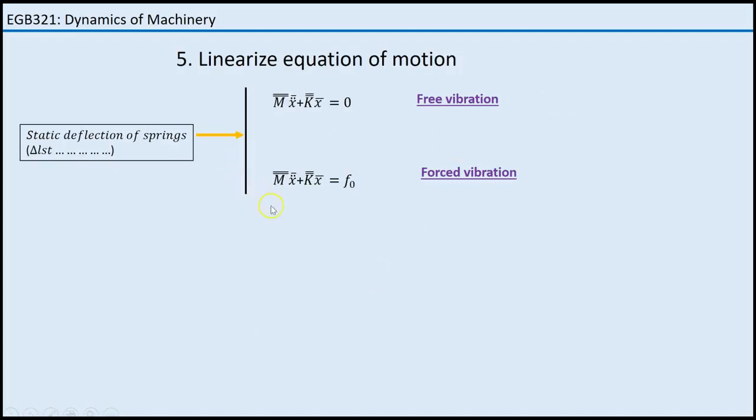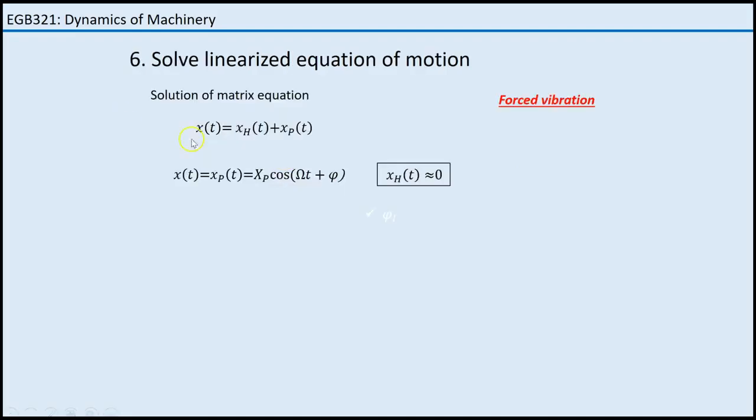For forced vibration, we get the matrix equation in this form, where on the right hand side we have the force vector. The solution of this vector matrix equation is x equals xh plus xp, h being the homogeneous solution and p being the particular solution, as we already know from single degree of freedom forced vibration analysis.